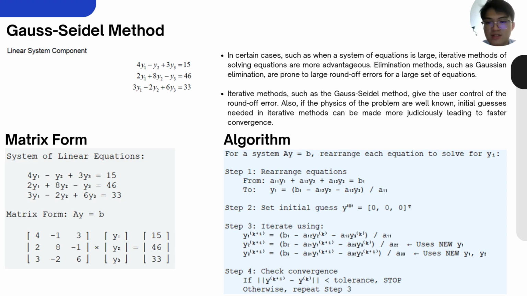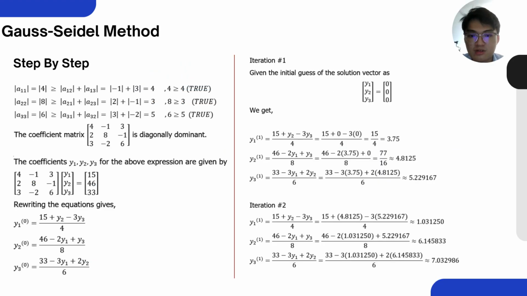In our case, I will set all of y1, y2, y3 to zero. Then we use these formulas from the Gauss-Seidel method to get the values of y1, y2, y3 iteratively. Step 4, we need to check the convergence. If the values have converged, we will stop the algorithm.